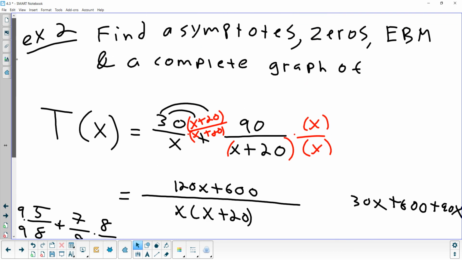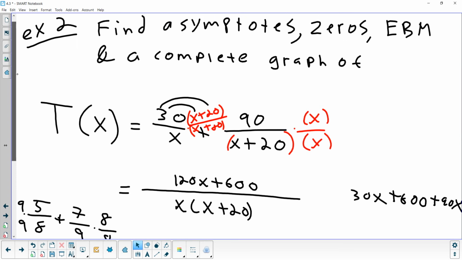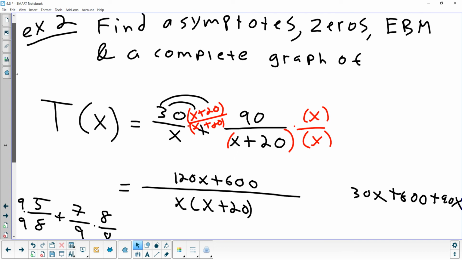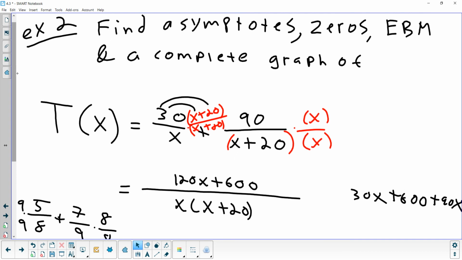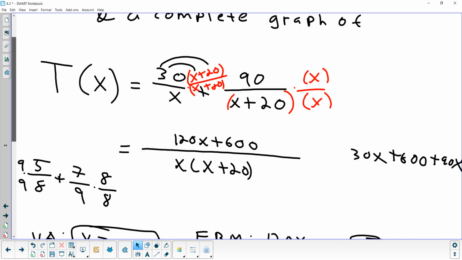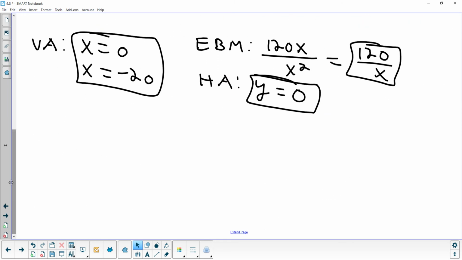Okay, let's see, they do want the zeros. So we are going to set the numerator equal to 0 and solve, because they want to know the roots. I didn't see that at first.